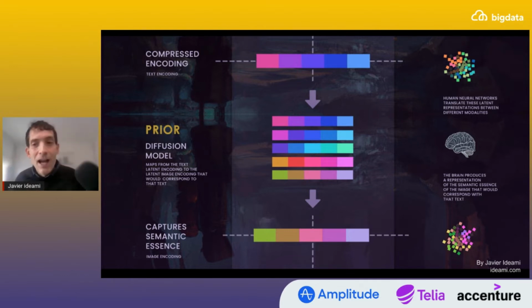And in the brain, it's going to be a little bit the same. We're going to have some translation between modalities. That's why we can look at an image and think of some music, or we can read something and visualize something. This is the high-level way of thinking about it.